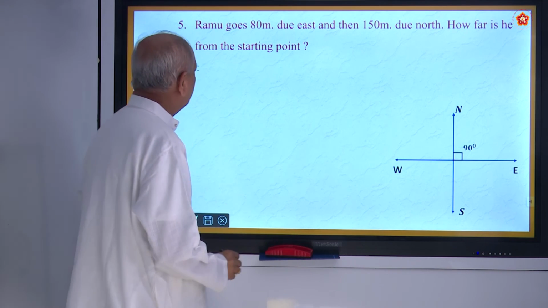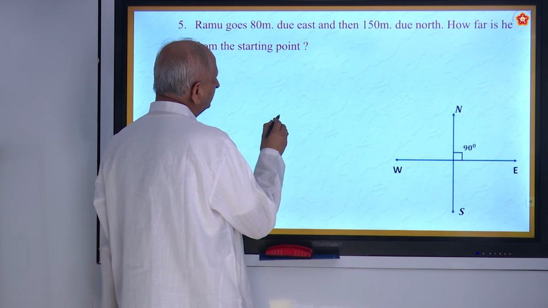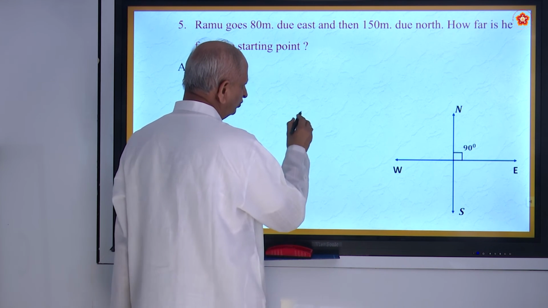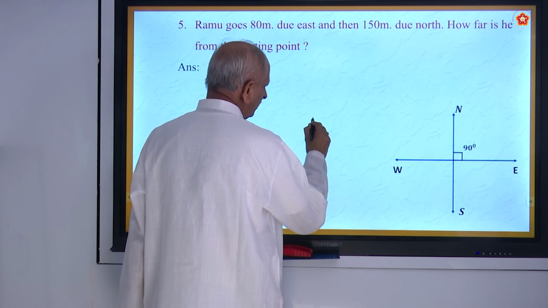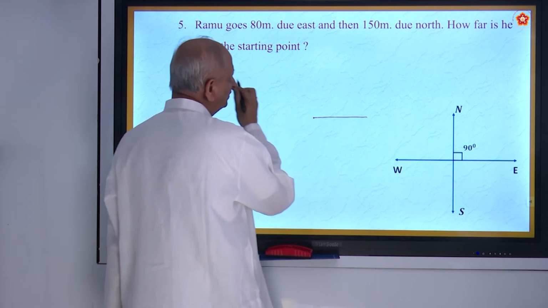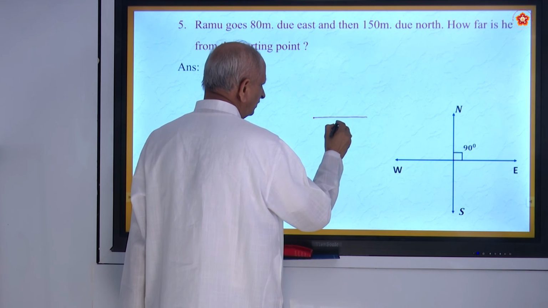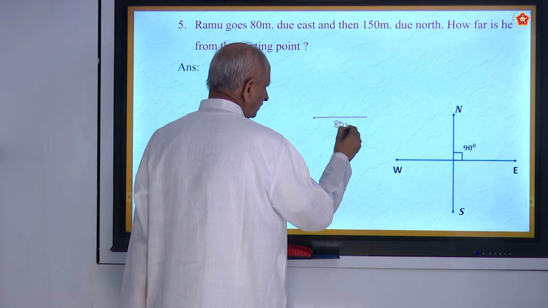Now here is a question. Ramu goes due east 80 meters. So he goes in the east direction. Let us suppose Ramu is here. Goes here. How much? 80 meters. We take roughly some scale.